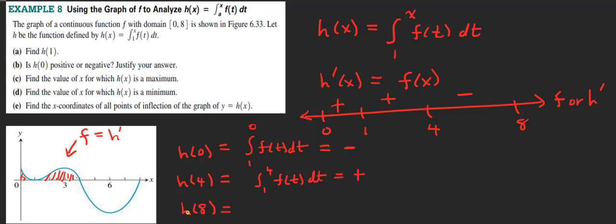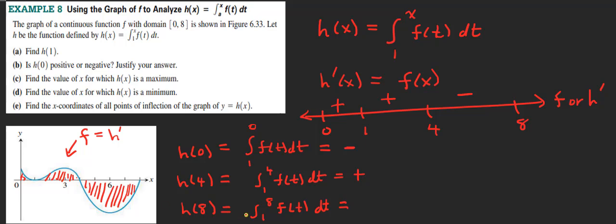Now what about h of 8? That will be the integral from 1 to 8 of f of t dt. The integral from 1 to 8 of f will be this area and also this, the area below the x-axis. But notice, this area below the x-axis is greater than these two areas combined, which are above the x-axis.